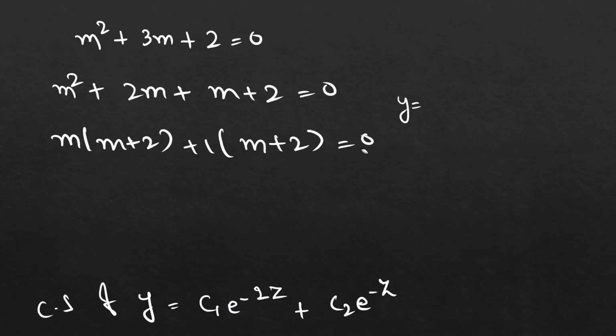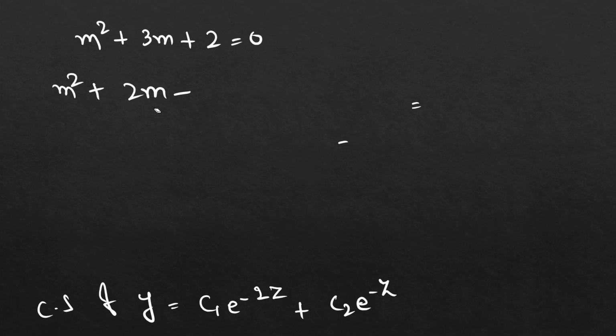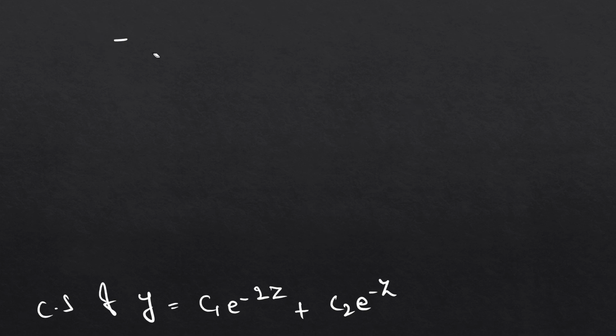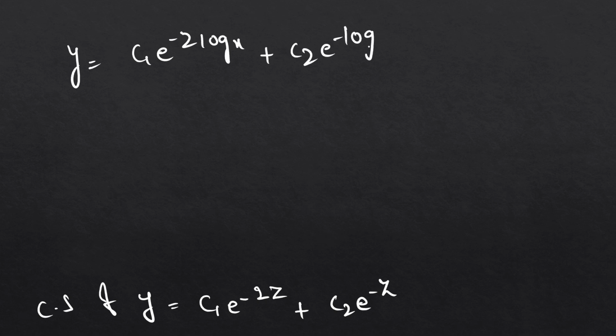So if we want to see this, we will put z equal to log x, and again minus z equal to minus log x according to the value. Now see here. So we will take y equal to c1 e raised to minus 2 times log x plus c2 e raised to minus log x.